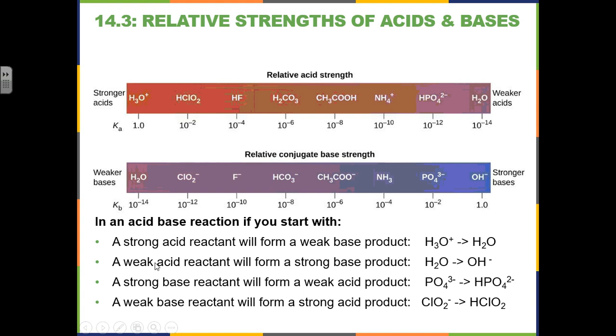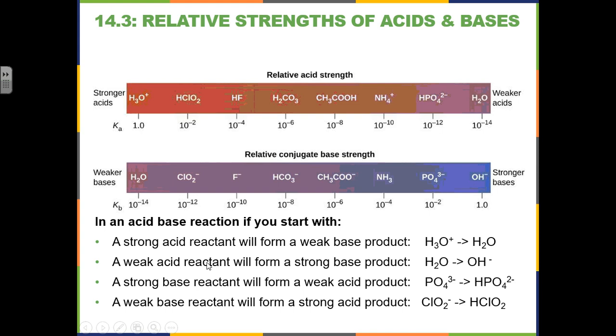If you have a weak acid and it reacts to form a strong base, the example they give here is water, which becomes your strong base. And then the rows keep going in terms of direct order.